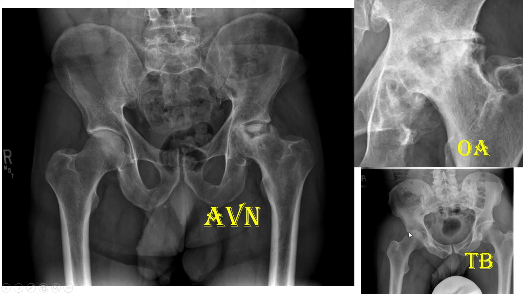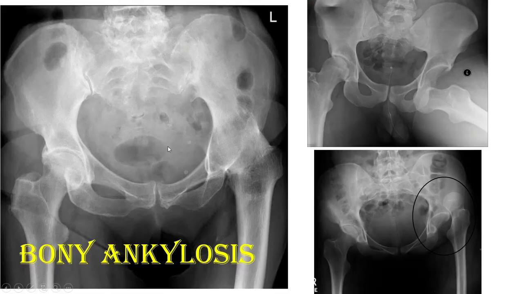Now, if there is reduced joint space with a fuzzy margin, with osteolysis or osteopenia over both sides of the acetabulum, and it is due to infection, it is called tuberculosis, and there must be an adduction or abduction deformity. You can see that. Now, due to any operation or in pyogenic infection, if the bony trabeculae are continuous with the iliac bone, that is called bony ankylosis.